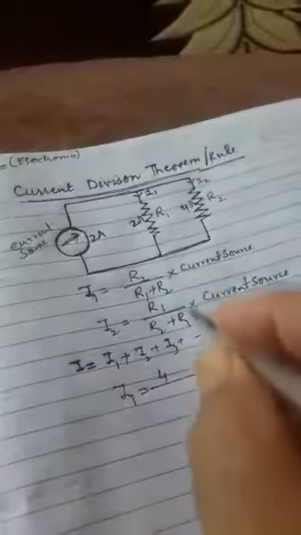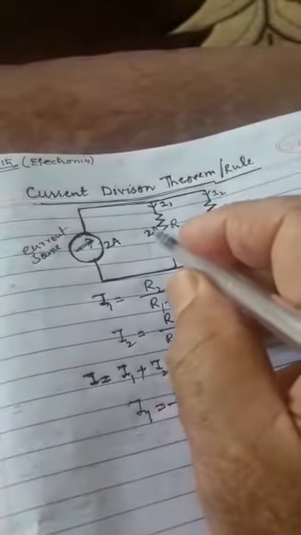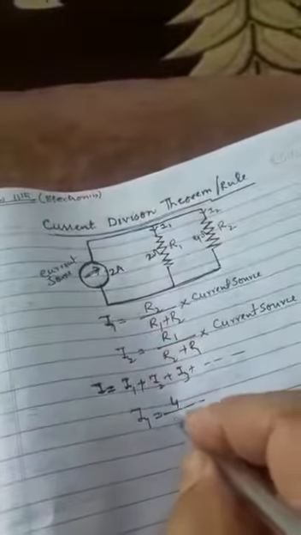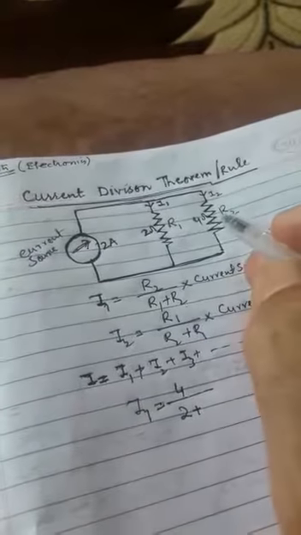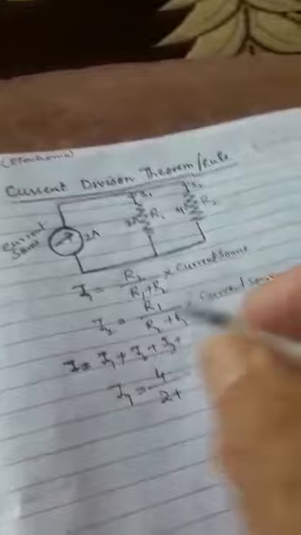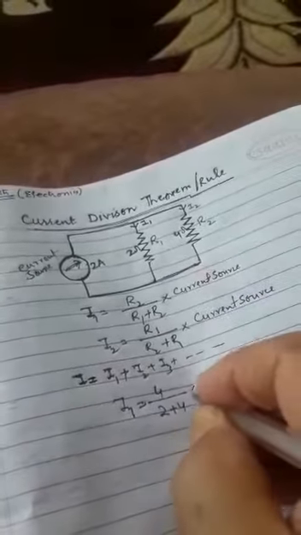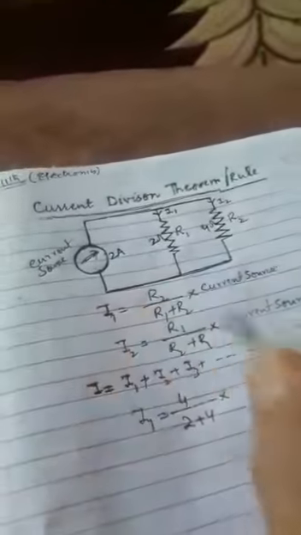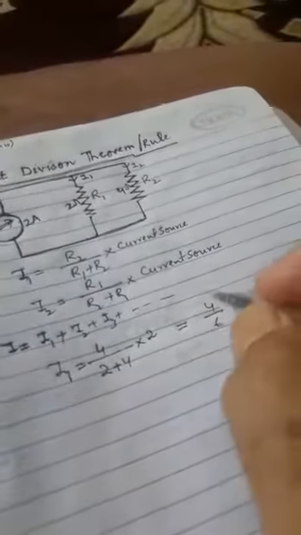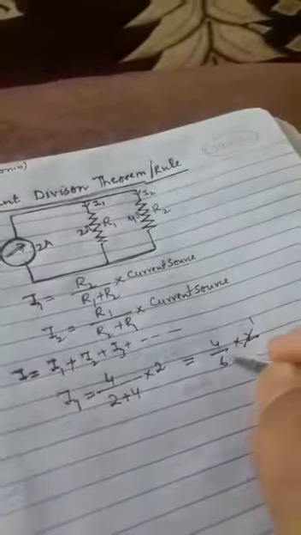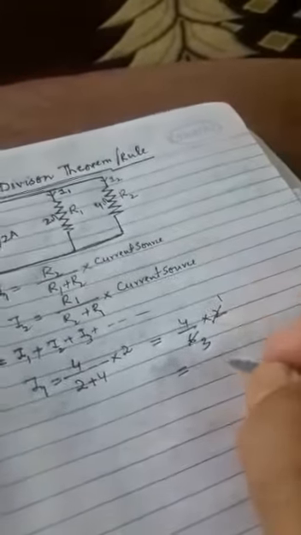4 divided by R1, from which the current is flowing, 2, plus R2, which is 4, into the current source, that is 2 ampere. Its value will be equal to 4 by 6 into 2. You simplify it: 2 ones are 2, 2 threes are 6, that is equal to 4 by 3.